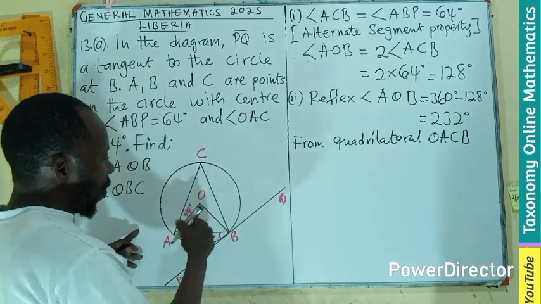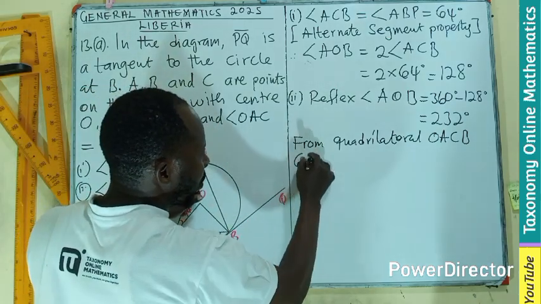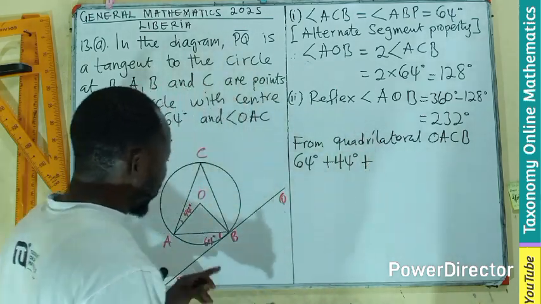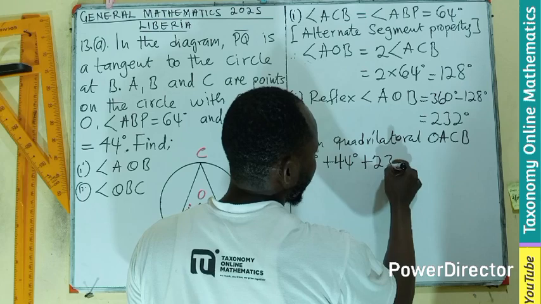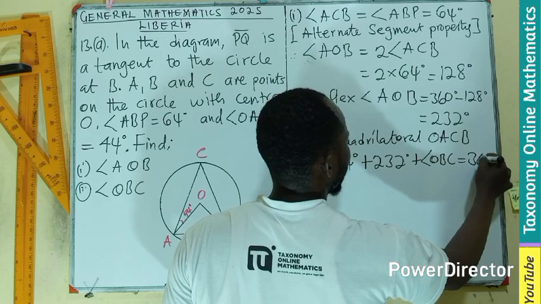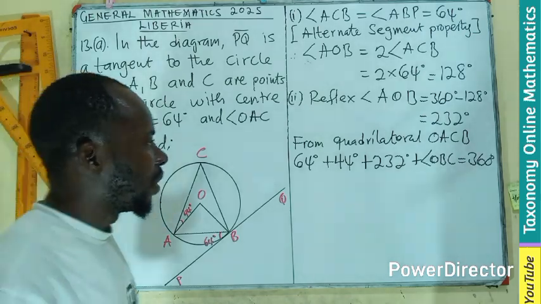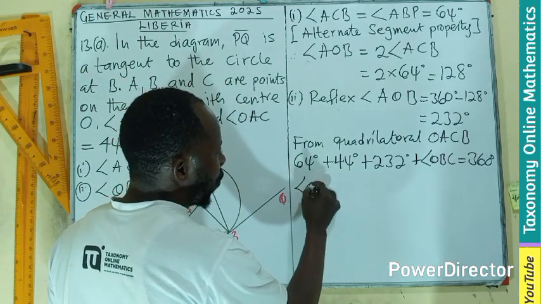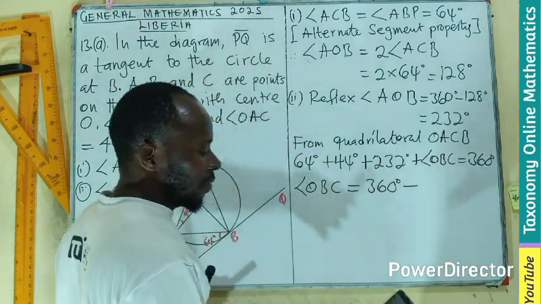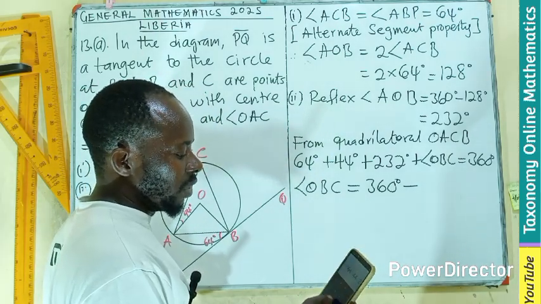The angle at the top, which we found as 64, plus the angle we are given as 44, plus the reflex angle we found as 232, plus the angle we are asked to find, OBC, will all give us 360, since the sum of angles in a quadrilateral is 360. So the angle OBC will be equal to 360 minus the sum of 64 plus 44 plus 232.